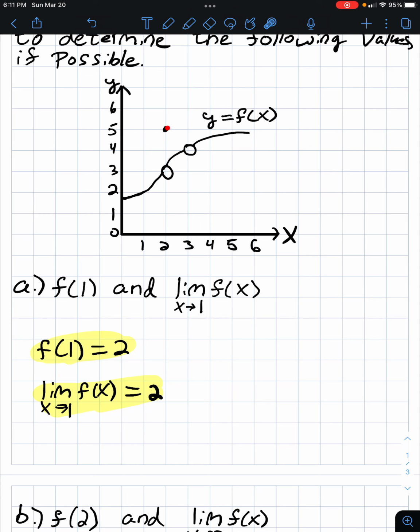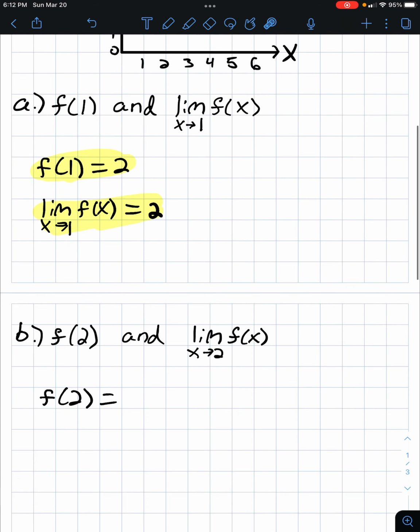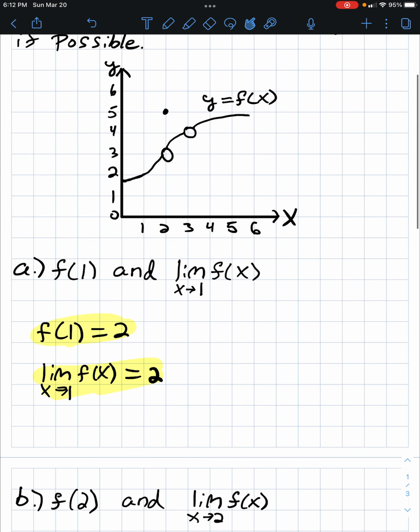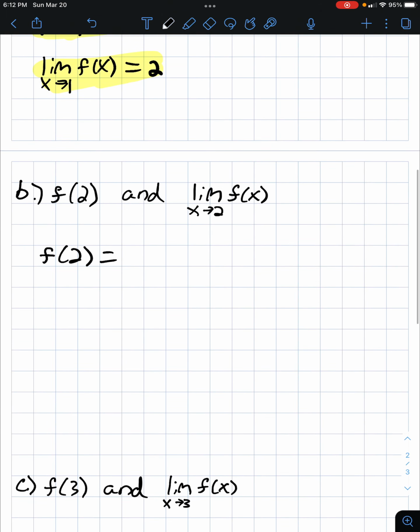Or is it this dot at 5, the closed circle? Well, at f of 2, the answer is 5, because it's a closed circle. It's defined. If the closed circle was not there, as we will see in the next question, it would be undefined. So f of 2 is equal to 5.